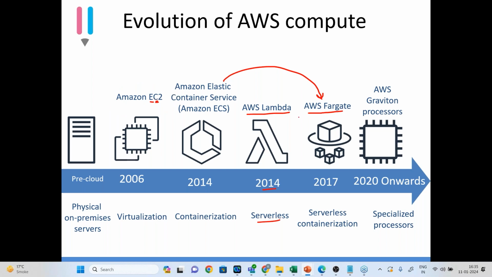Now you must be thinking what serverless I'm talking about. Serverless is where you need not provision anything. AWS will do it for you, and today I'm going to show you. After that, from 2020 onwards, AWS started preparing their own processors called Graviton processors, which are specialized processors.